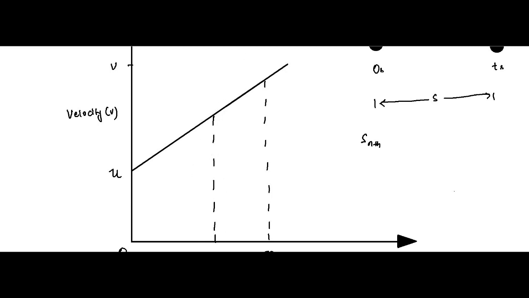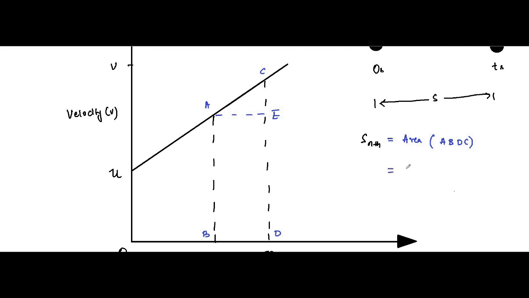Let us name the points A, B, then C, D, and let's name this as E. So Sn is the area of ABDC. We can treat it as two separate figures.